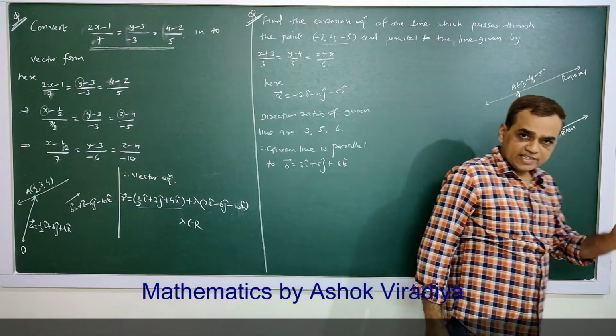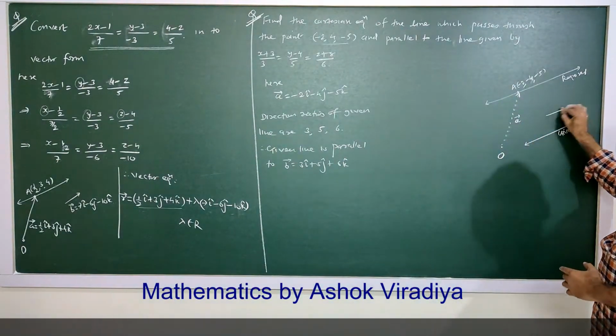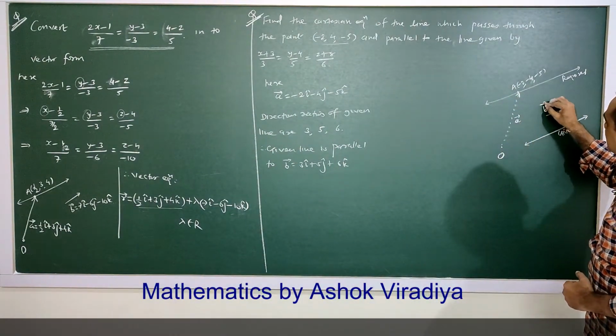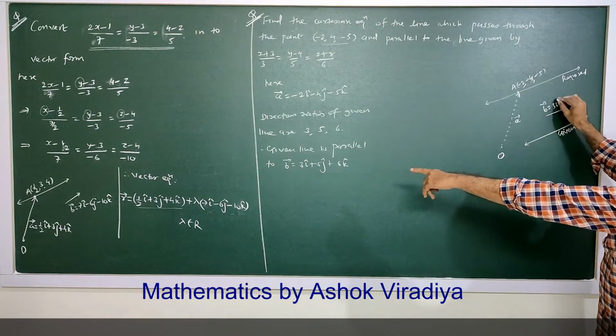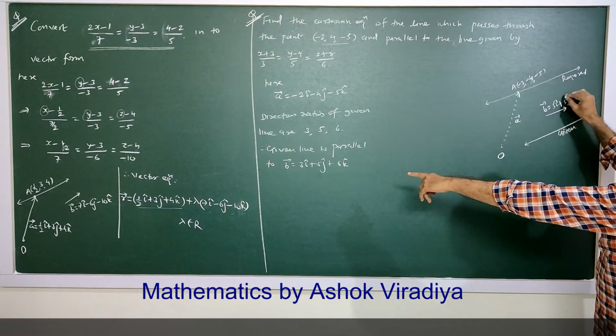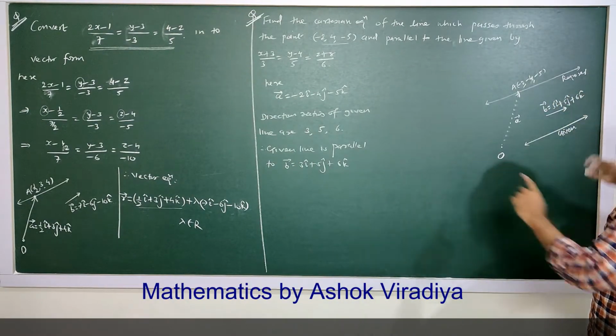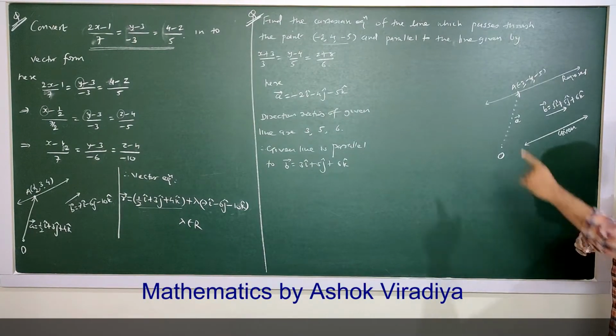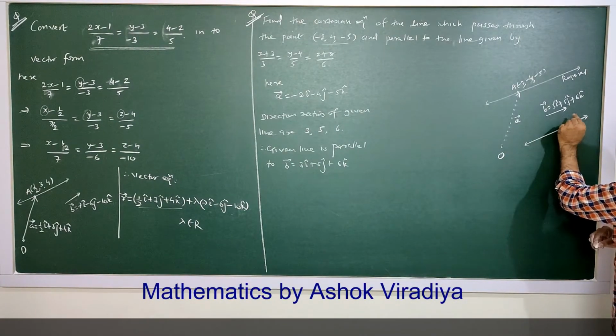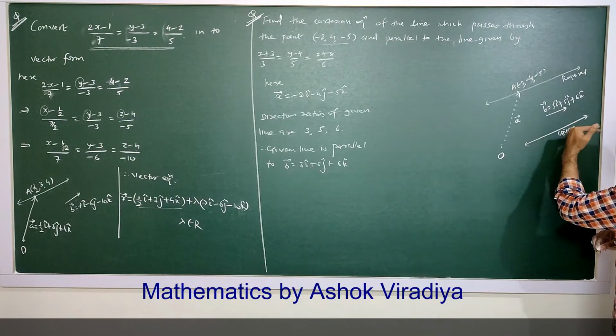So the given line is parallel to vector B, which is 3i plus 5j plus 6k. From the equation we can see the parallel vector to the given line.